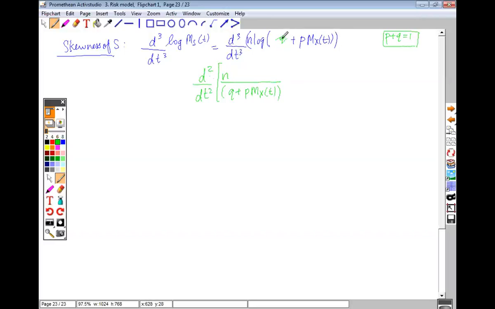So differentiation of q with respect to t will be what? 0. Exactly. And differentiation of this thing with respect to t will be p, and I don't know anything about this, so I'm just going to write m prime x t. Prime ones represent differentiation with respect to t.